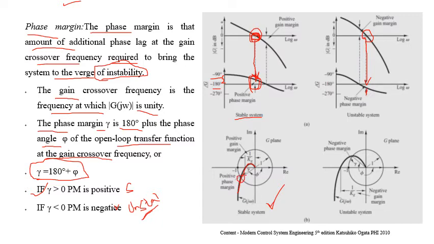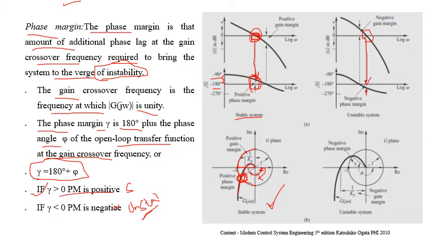If you have a circle drawn like this, and the point of intersection of this circle with the polar plot comes out to be this value, then this angle, the phi angle plus 180, if you calculate starting from here and going downwards and add 180 to it, you will get the phase margin of the system.